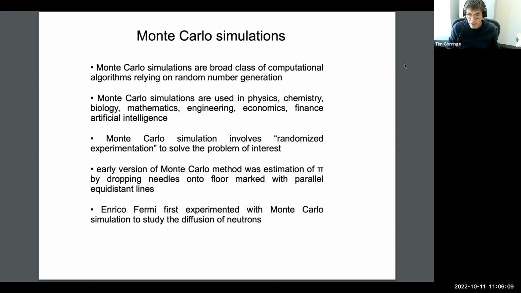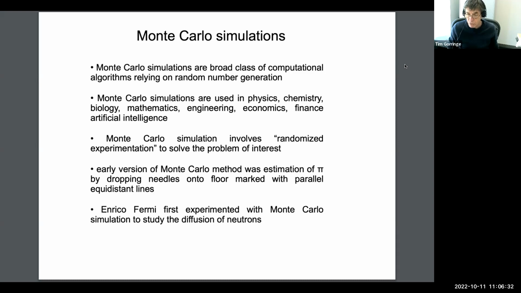The first record of a Monte Carlo simulation using a computer is due to a person you know, Enrico Fermi, who used it to study neutron diffusion. Neutrons are constituents of atomic nuclei.